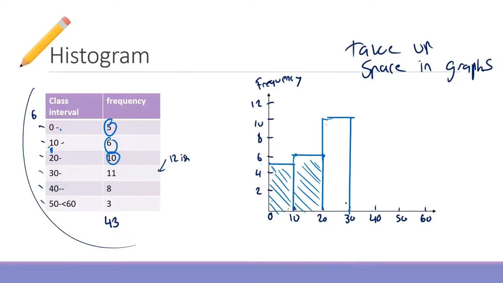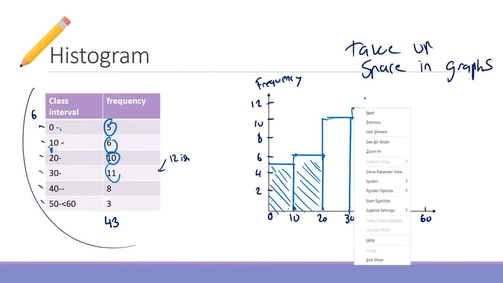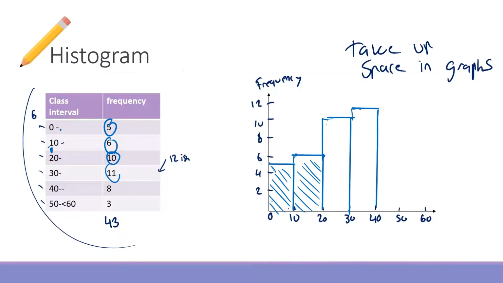Then we've got 11 between 30 and 40. 11's about there. Then we've got 8 between 40 and 50. So here's the 8 line. We'll go across. We'll go down. And then lastly, finishing off, 3 between 50 and 60.